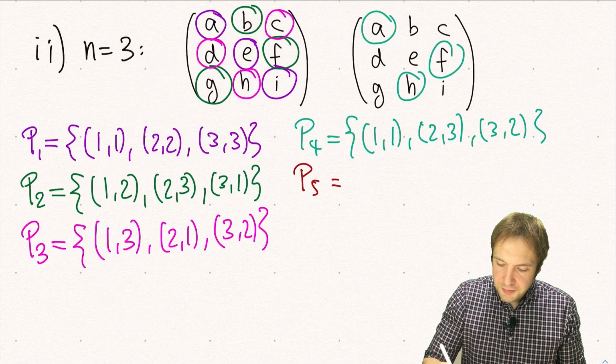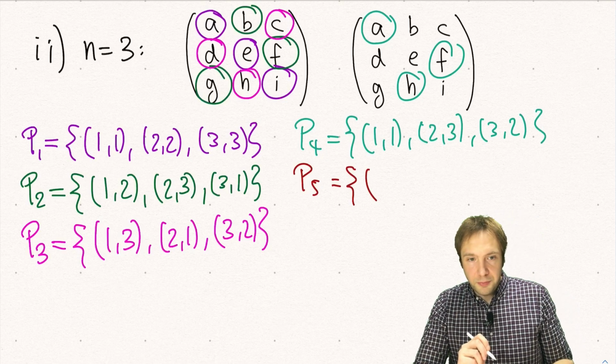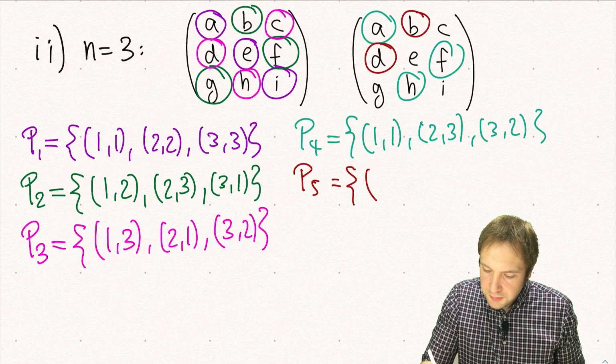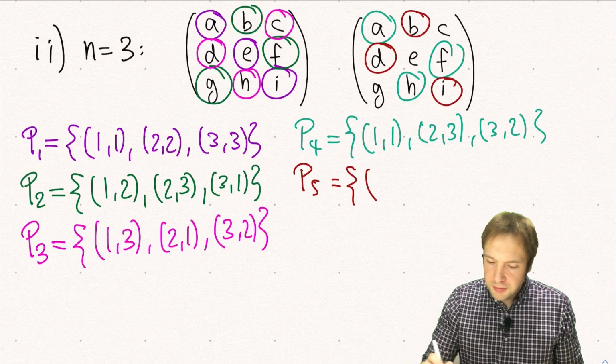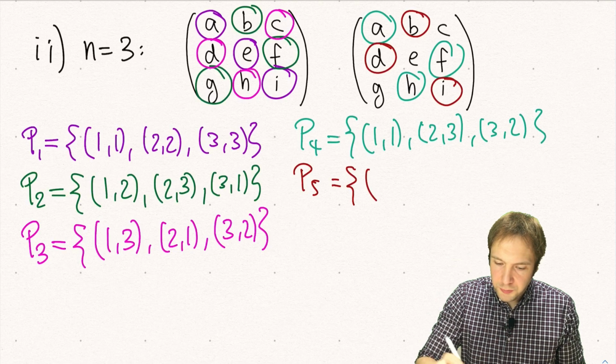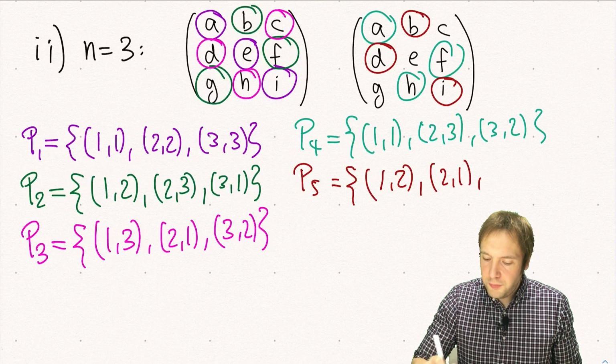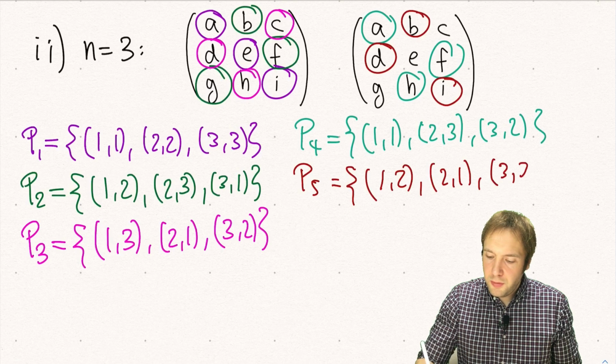And P5, for example, this, and this. So first row, second column, second row, first column, third row, third column.